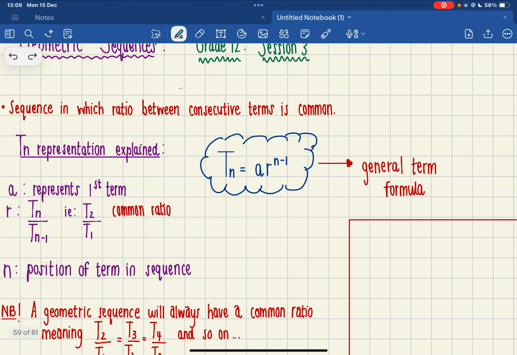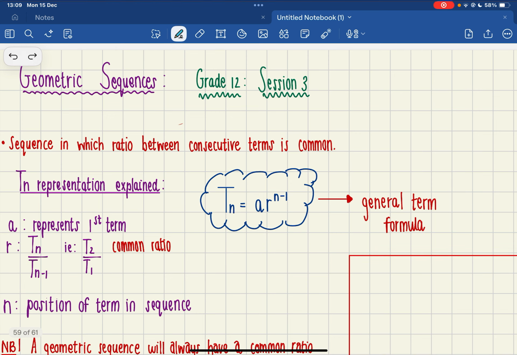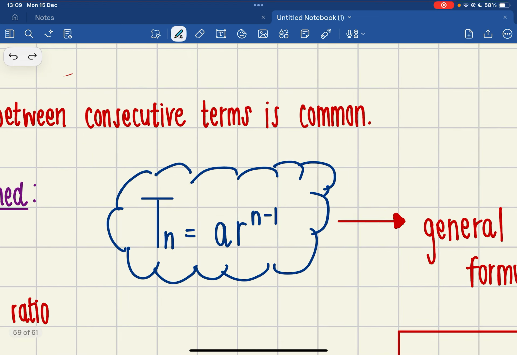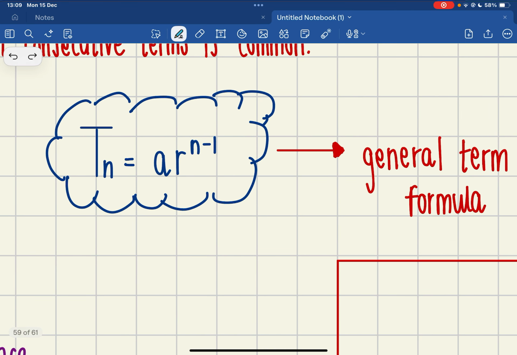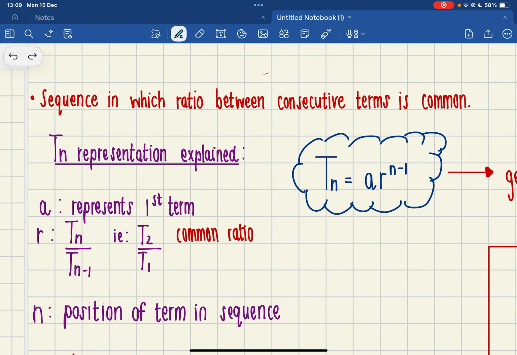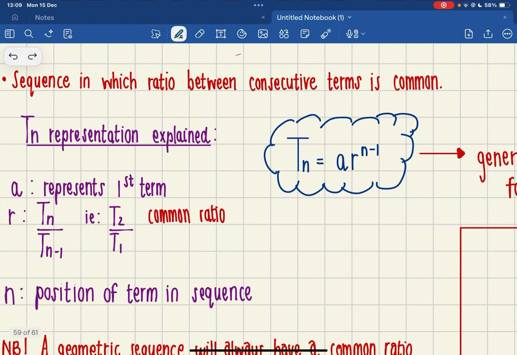We find the general term of a geometric sequence using the formula T of n is equal to a r to the power n minus 1, where a represents the first term in the sequence and r represents the common ratio.